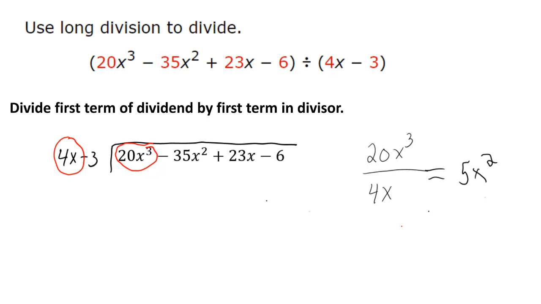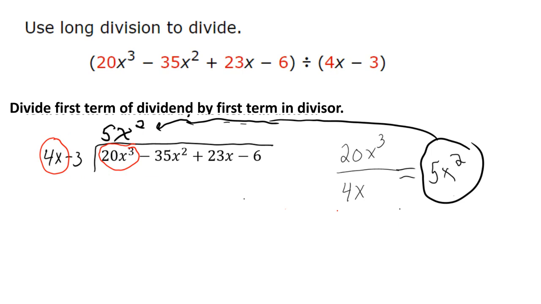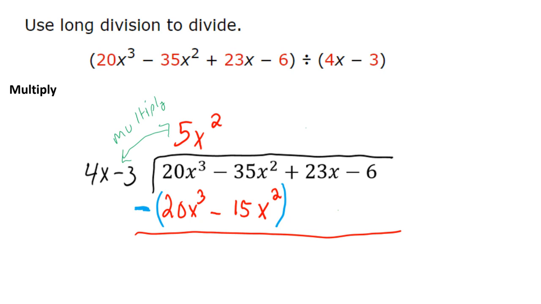But one of the things that I like to ask myself is, what do I need to multiply 4x by to get 20x cubed? The answer here is 5x squared. So we're going to place our 5x squared up here on the top. And now, just like we did with the other problem, we're going to multiply. We take 5x squared times the 4x, and we get 20x cubed.